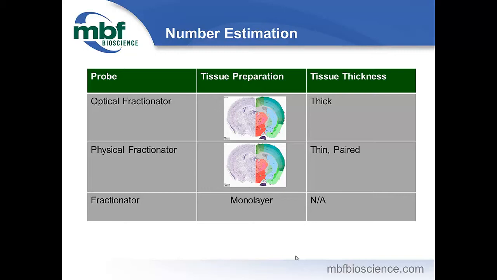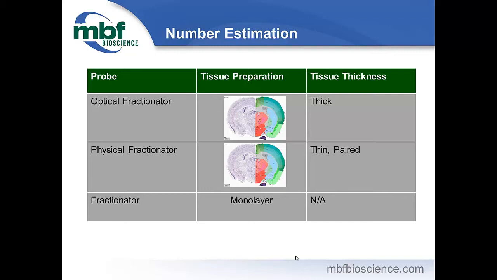If at all possible, get thick sections and use the optical fractionator rather than the more difficult physical fractionator. Yep, and just one last point, those thick sections, when we talk about 20 microns, it's post-processing section thickness. So after you've actually stained the tissue and it's on your slide, we want a nice thick section.